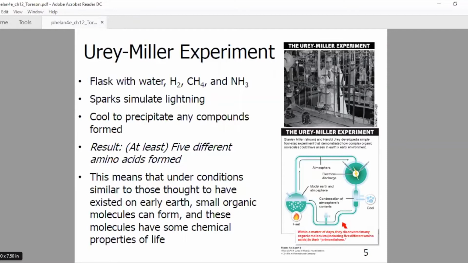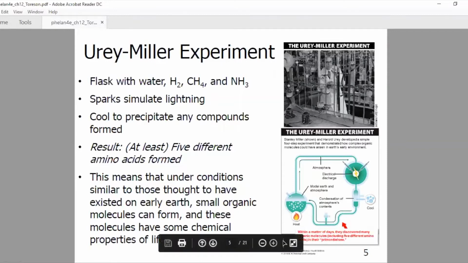So the Urey-Miller experiment, which is shown in figure 12.2, took chemicals and molecules that were present in Earth's early atmosphere, things like hydrogen gas, methane, and ammonia. They put those chemicals in a flask and heated it, and some of those gases evaporated into this tube here.